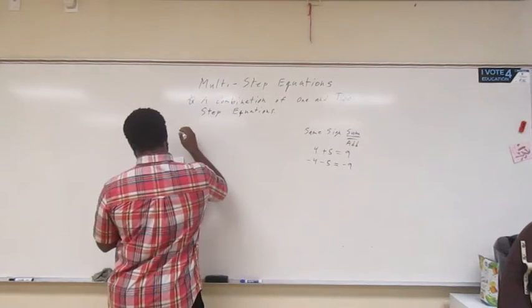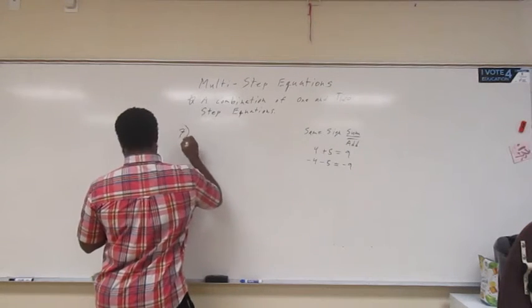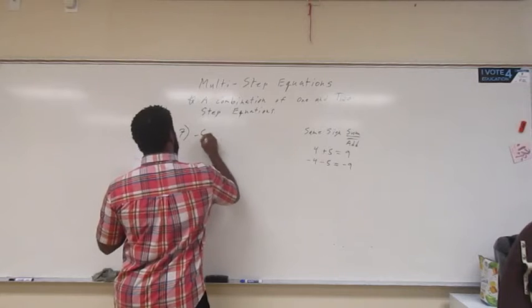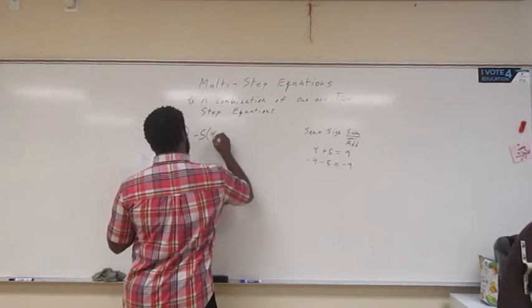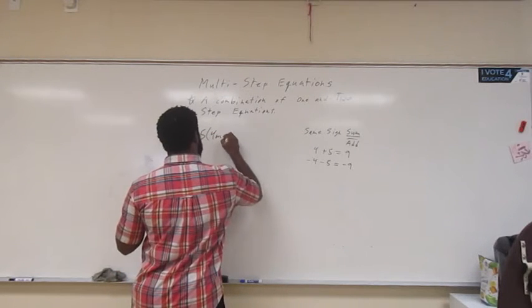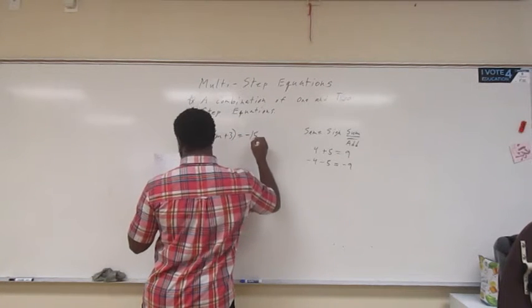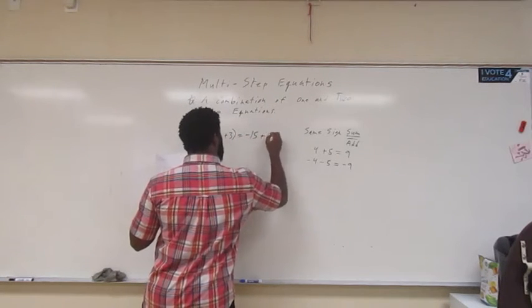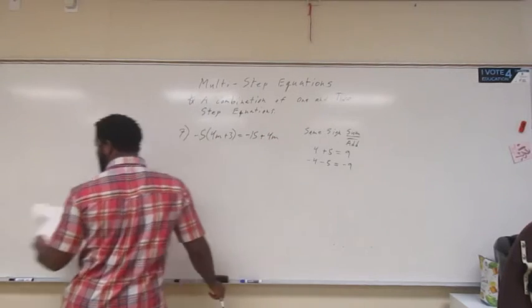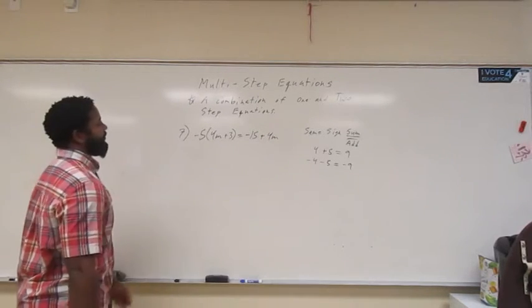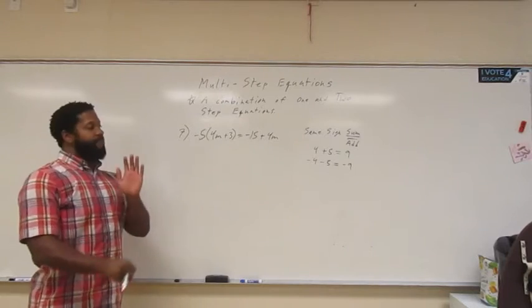Number 7, you have -5, 4m plus 3 is equal to -15 plus 4m. Okay? Can you put the line in this column?